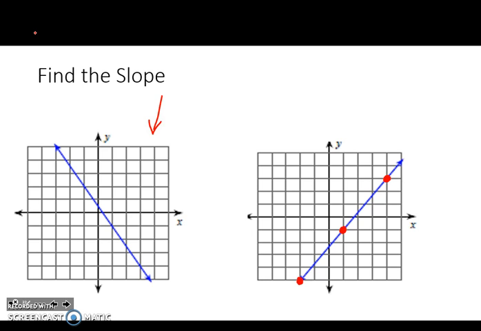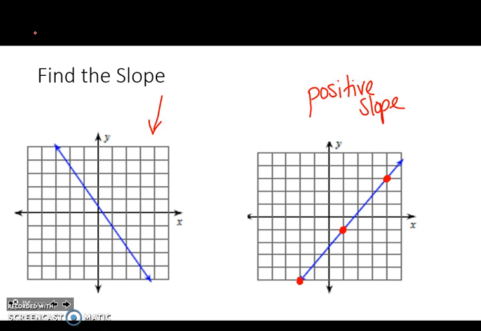The first thing you should notice is that this has a positive slope because it's going uphill. For every problem, you have to write down that it has a positive slope, okay?